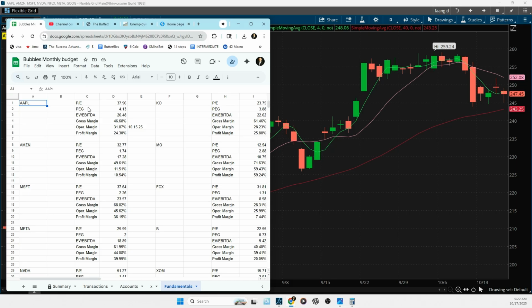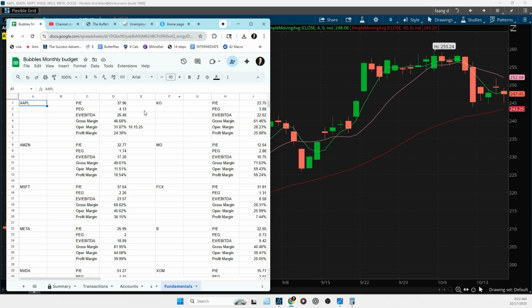So let's say we need a number to work with. So PE, we're going to look at PE of 25 as our general number we're going to work with, but we do realize that in the PE analysis skill you need to factor in different stock sectors as well.